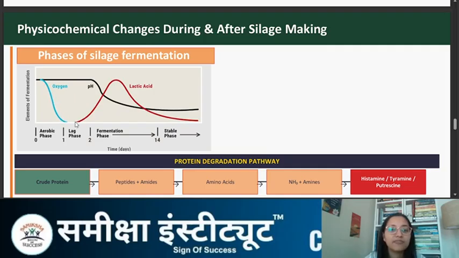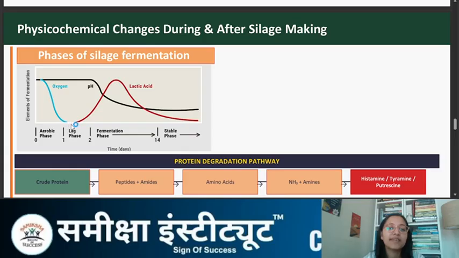Then there is a lag phase, and at this time the pH is normal because fermentation has not begun. It begins after the depletion of oxygen, with liberation of carbon dioxide, because anaerobic conditions start after oxygen is depleted.